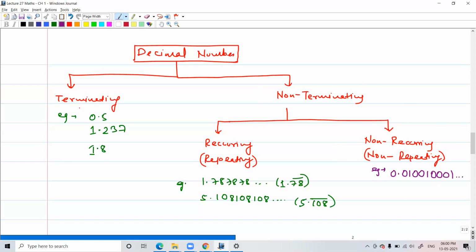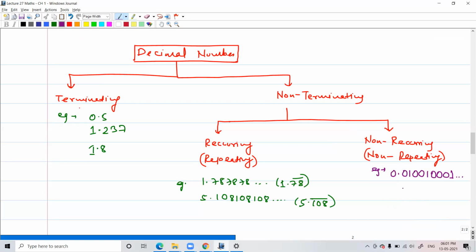First the 01 comes, then the 001 comes, then 4 zeros will come, and then there'll be a 1. So there is a pattern, but it is not repeating. It's not the same number coming again and again, right? We can't put a bar on anything. We can't say 0.01 bar, because then it would be 0.0101 and 01. This is different.